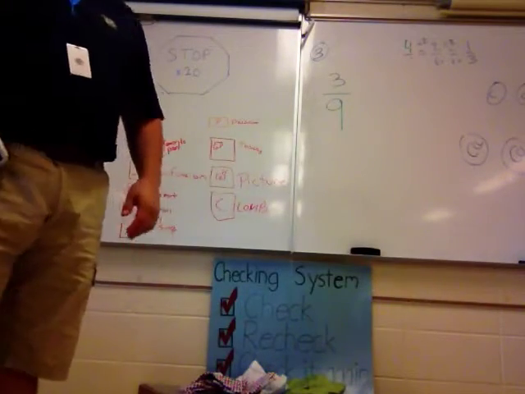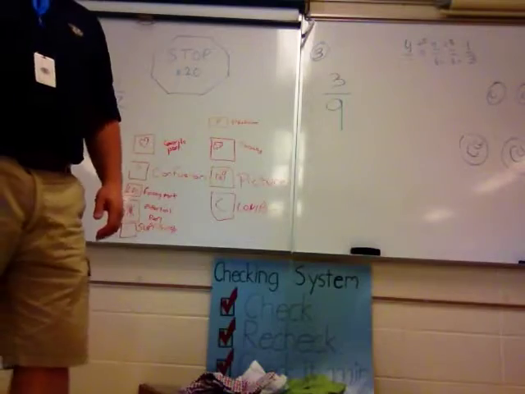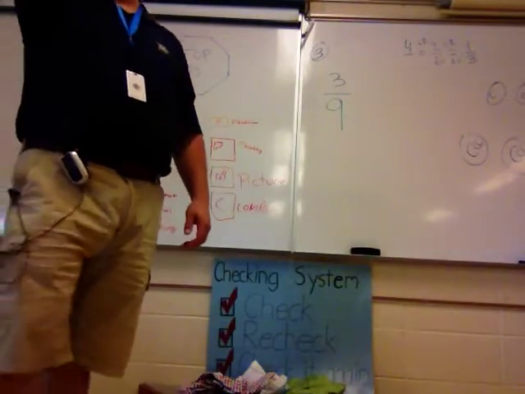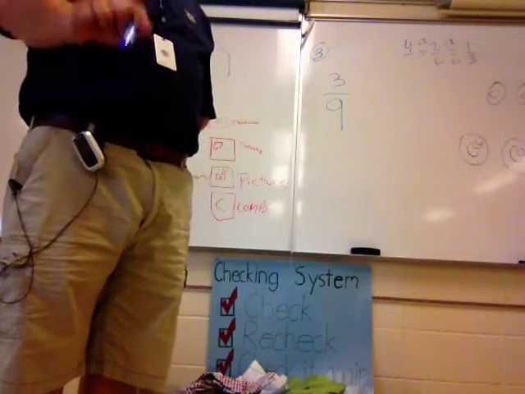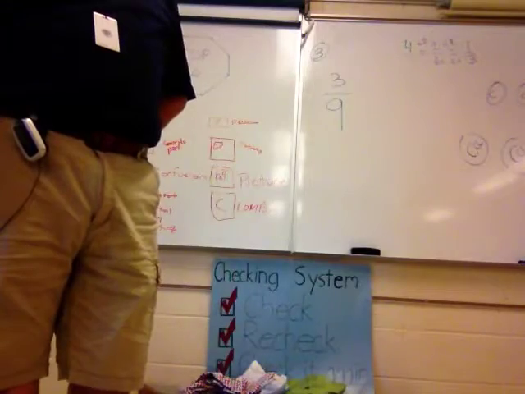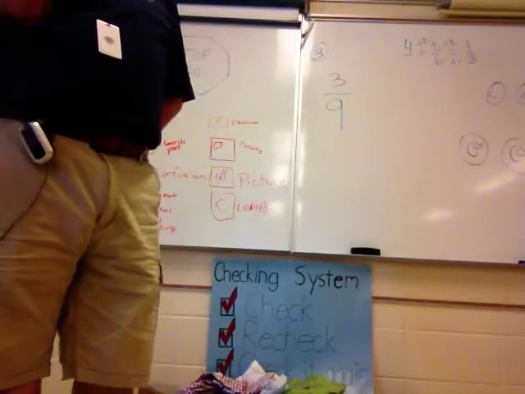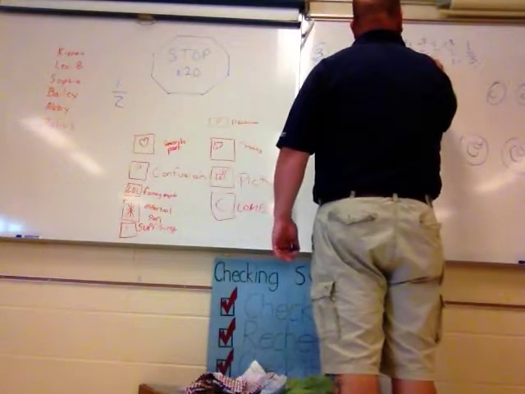Caitlin, what club can they go to? The 2 club? That's okay. So if you look in the 2 column, do you see a 3 and a 9? No. If I look in the 3 column, it's the 2, 3, 4.